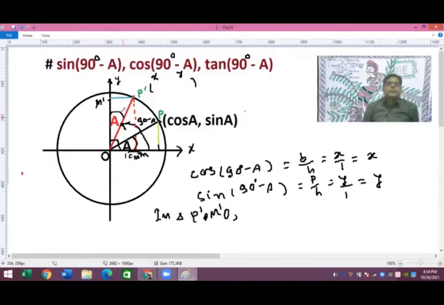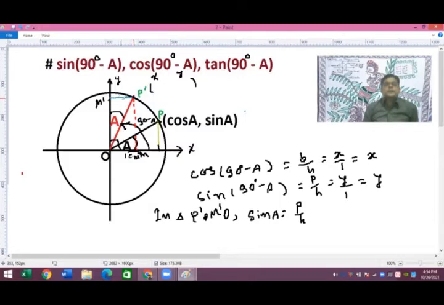Alright, so if you write sine A, that is going to be p by h again, but now in the triangle P dash M dash O. You can see that along this way this is parallel to the x-axis, and it stops here.